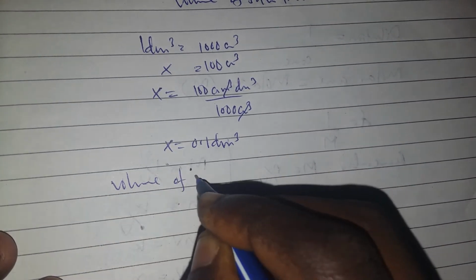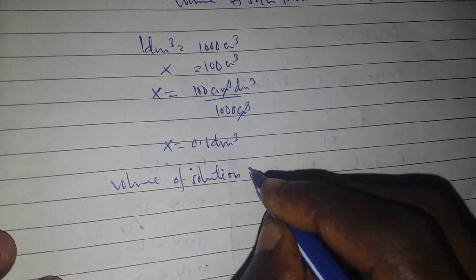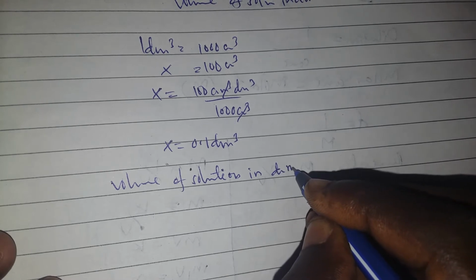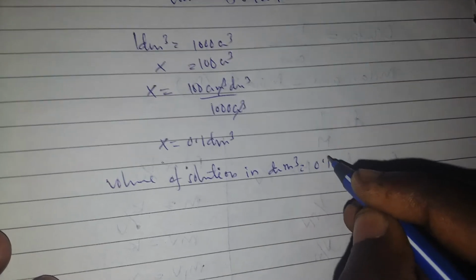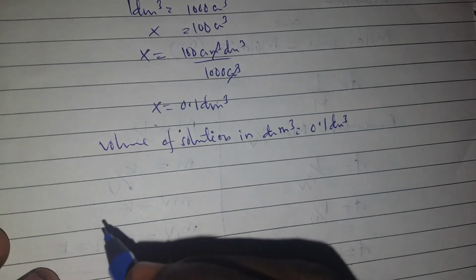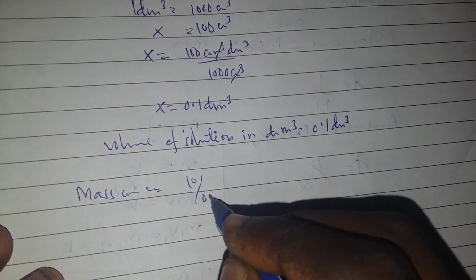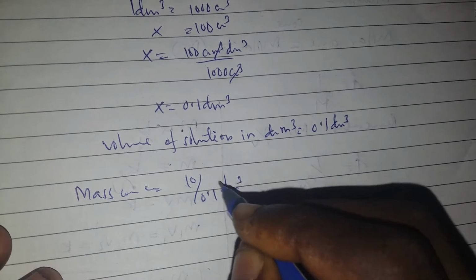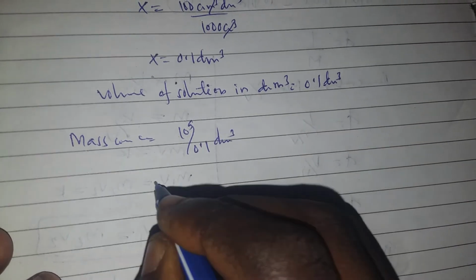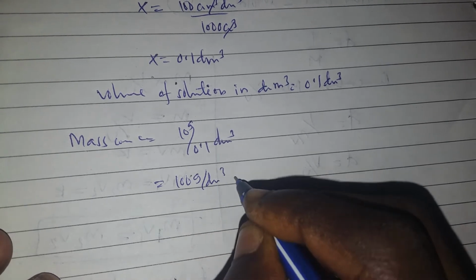So volume of solution in dm³ is equal to 0.1 dm³. Then tutakachokisema ni kwamba mass concentration will be equal to 10 gram divided by 0.1 dm³, and our final answer will be 100 gram per dm³.